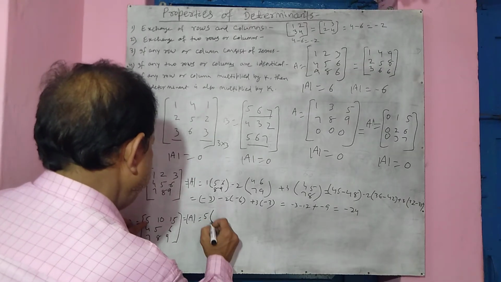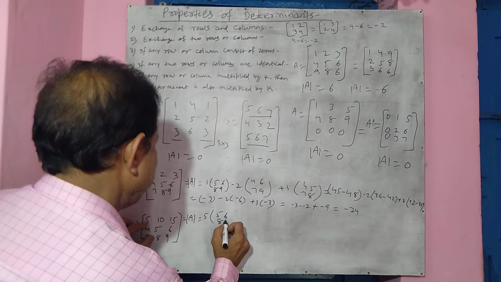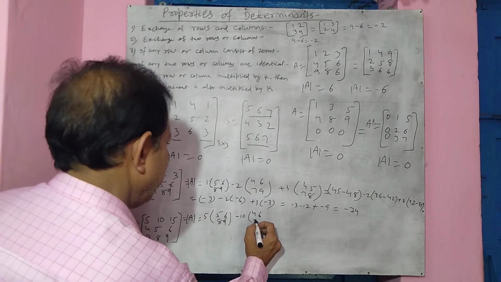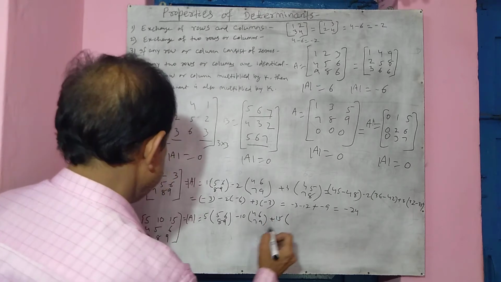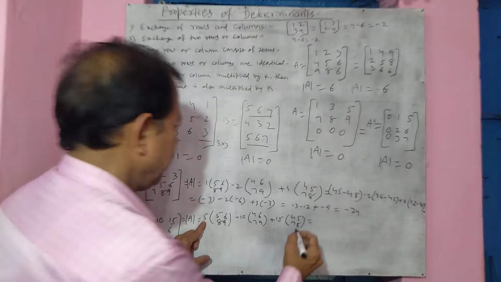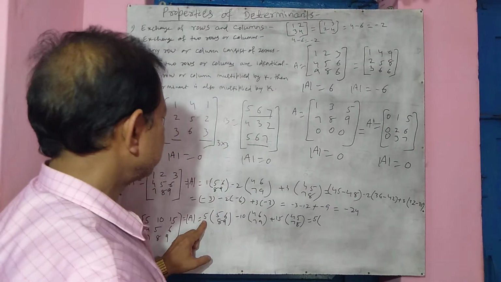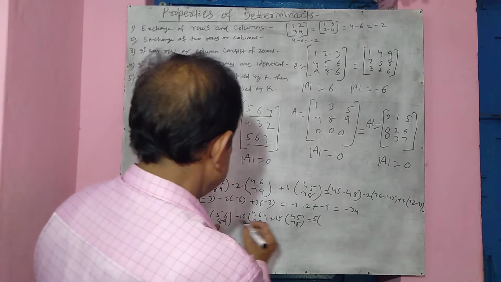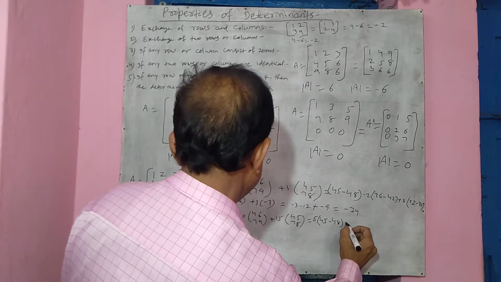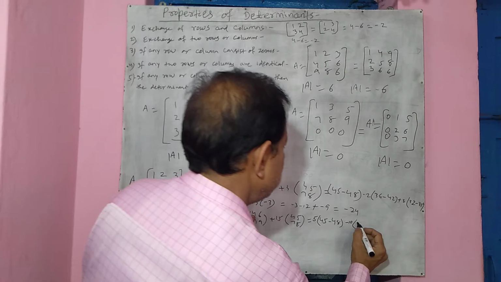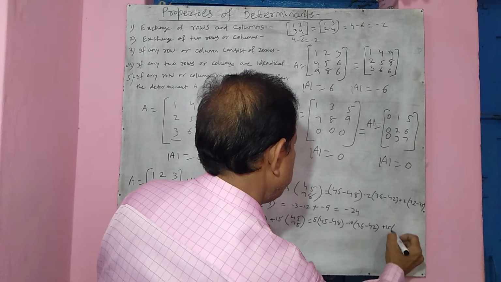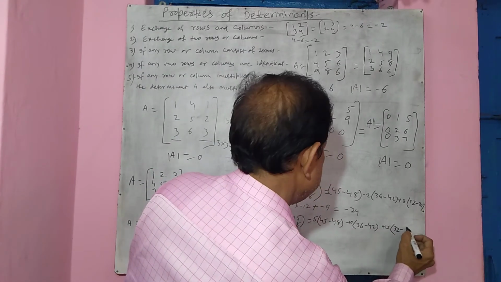A determinant is equal to 5 times (5, 6, 8, 9), minus 10 times (4, 6, 7, 9), then plus 15 times (4, 5, 7, 8), which is equal to 5 into (45 minus 48), then minus 10 into (36 minus 42), then plus 15 into (32 minus 35).